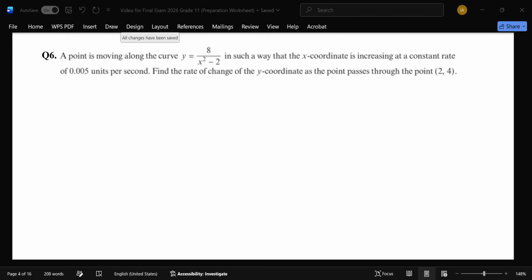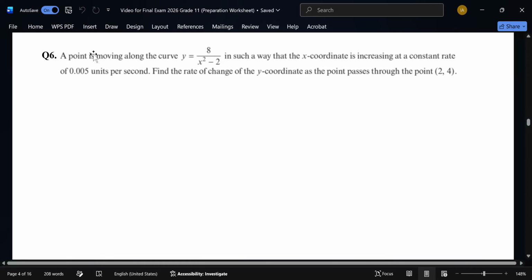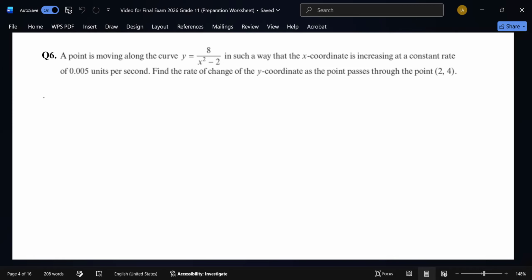The first thing that comes to our mind is that we talk about time. The rate of change of x is given: dx over dt is 0.005 units per second. It's given, right?